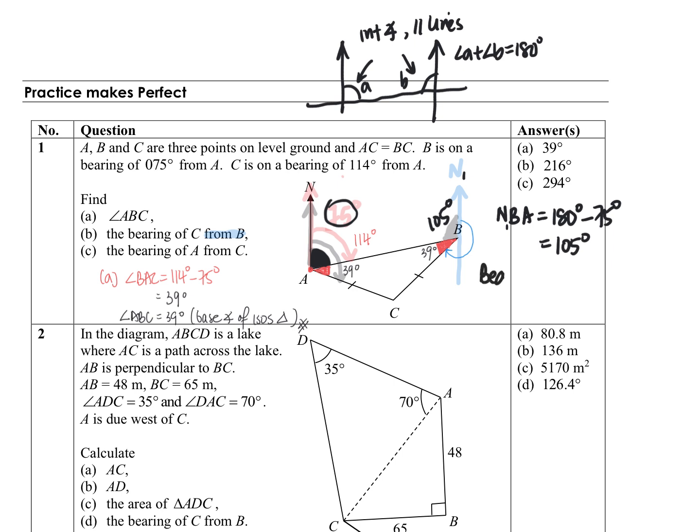So bearing of C from B, I use 360, take away the 105, take away the 39. Okay, it's already 3-digit notation, so it's done.